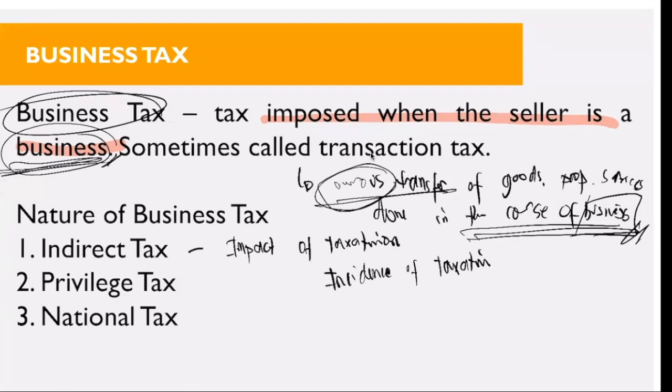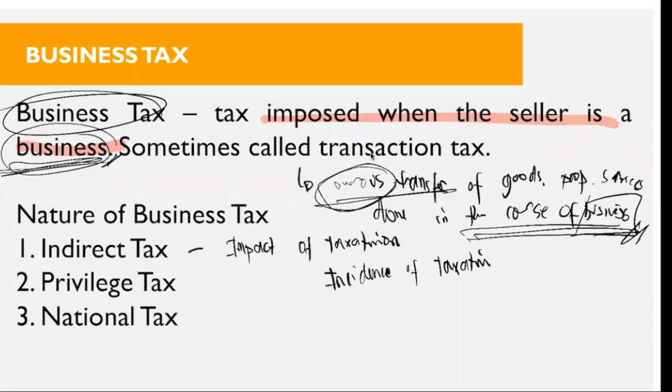So unlike an income tax, which is a direct tax, the impact of taxation is the individual or the corporation or the partnership, and that is the main person who will also pay the tax. But here, in your business tax, the impact and incidence are different. So the impact of taxation is the business itself, but the incidence is passed on to another person.